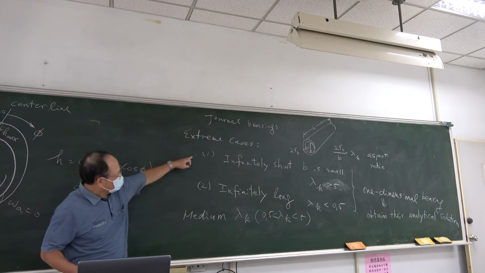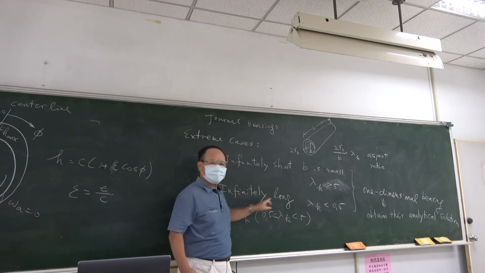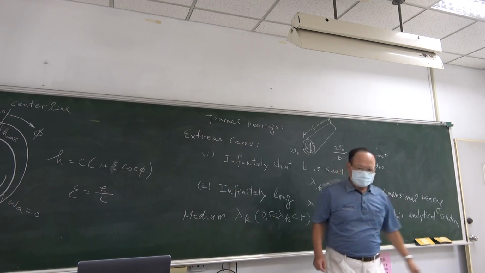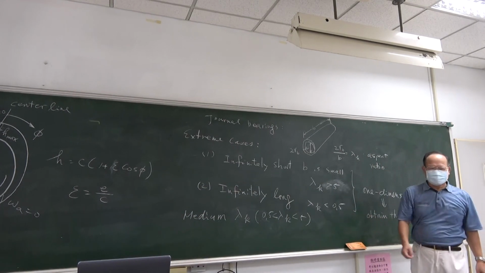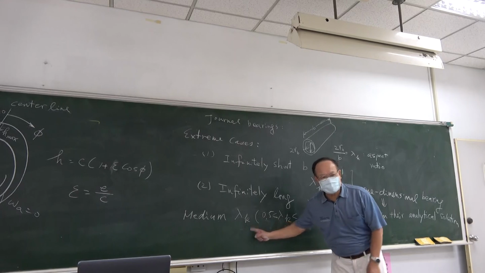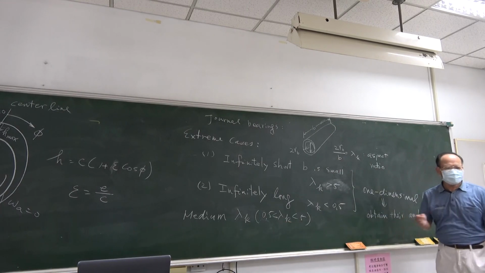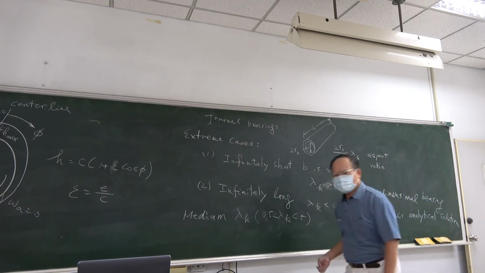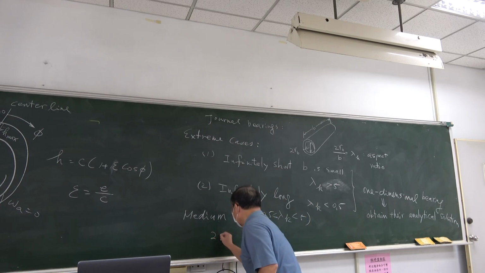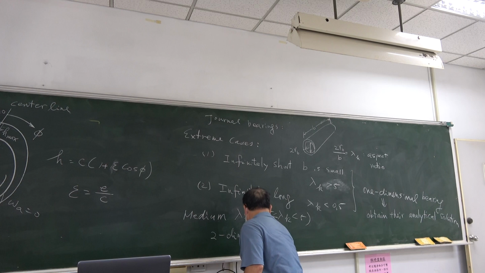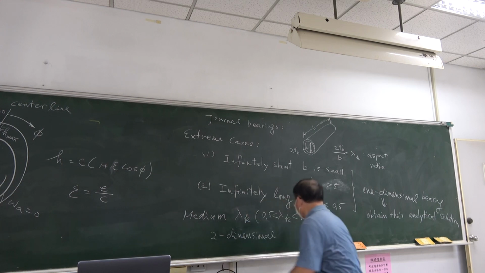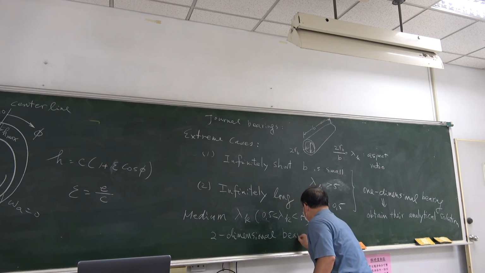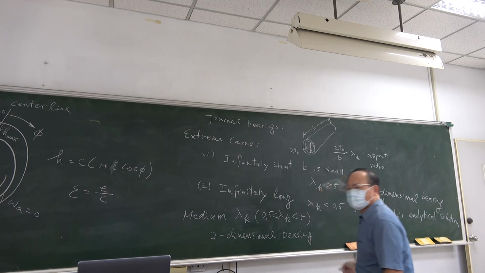Very few cases are infinitely short or infinitely long, right? Okay. So in this case, if it's the median lambda K， 你是 2-dimension flow。Your bearing is a 2-dimension bearing.